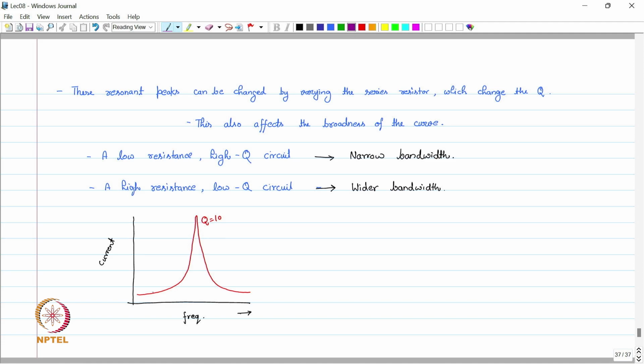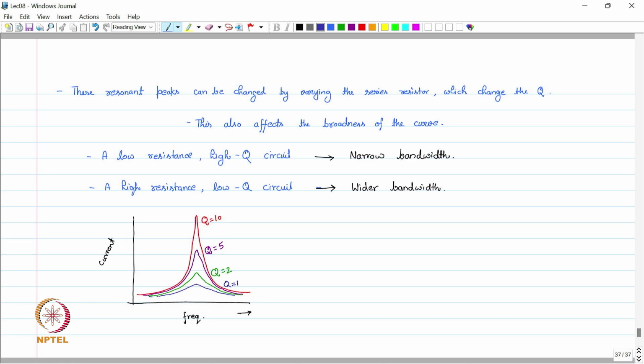We can plot another graph where Q is limited. So this graph is, let's say, for Q equal to 5. We can have some other graph, this graph is for Q equal to 2, and let's say one more graph, this is for Q equal to 1.